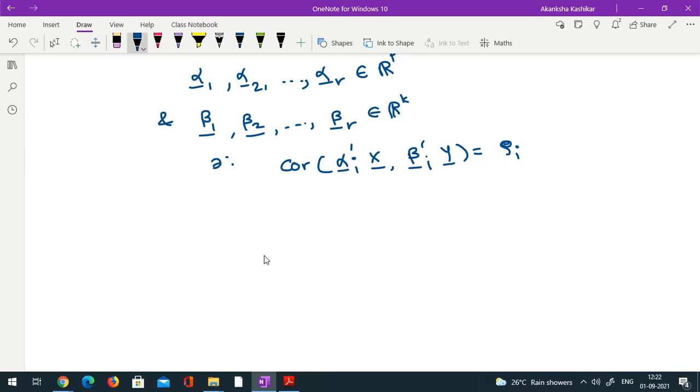What can we say about, say, the correlation between alpha 1 prime x and beta 2 prime y? Can someone try? The correlation of alpha 1 prime x and beta 2 prime y. Is the question clear?